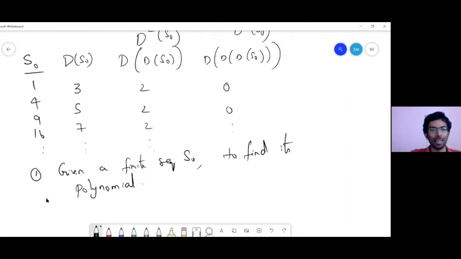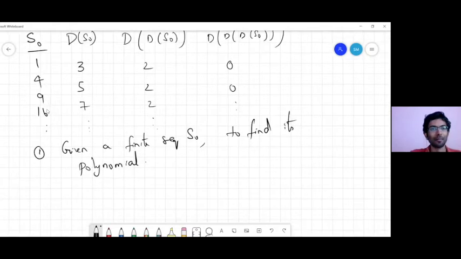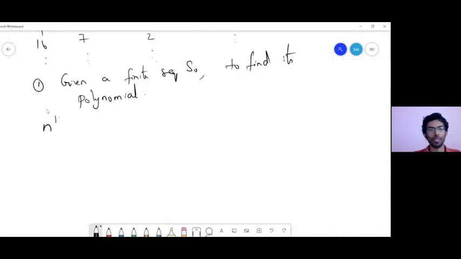Basically, our observation was, if we start with the sequence n power k, and then take d of n power k, d squared of n power k, and so on, this is basically 1 power k, 2 power k, and so on. At which stage is it becoming 0?